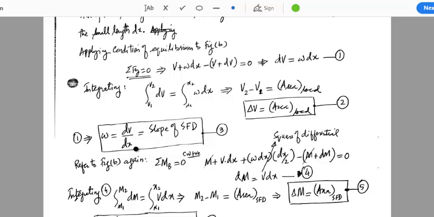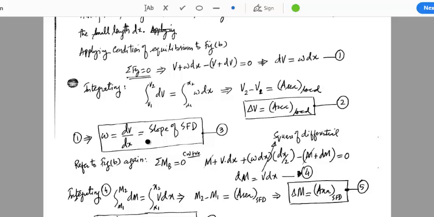Whenever we integrate any expression, we get the area under the curve, and whenever we differentiate any expression at a particular point, we get the slope of that curve at that point. So in this expression, we are differentiating shear with respect to x. So if omega is equal to dV over dx, its physical meaning is that omega, or applied load, is equal to the slope of the shear force diagram.